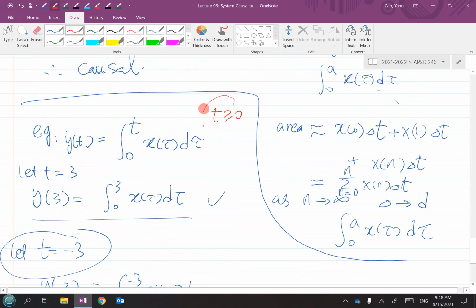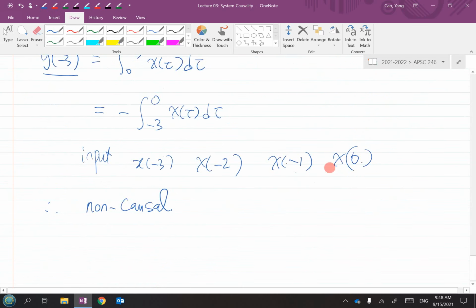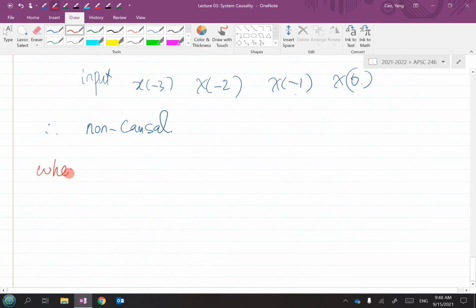So just watch out for some of the little details. I should probably write another words here. When t is greater than or equal to 0, the system is causal.